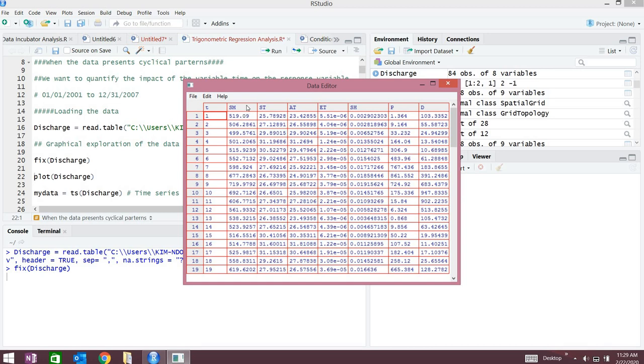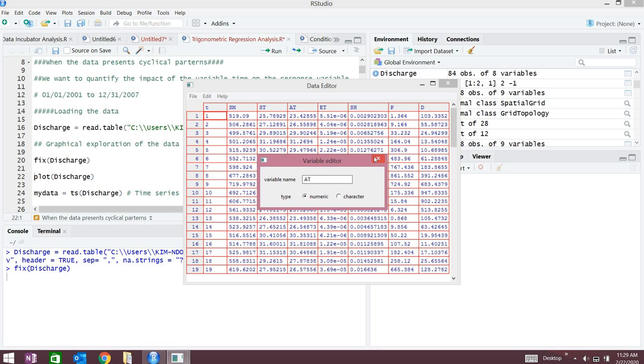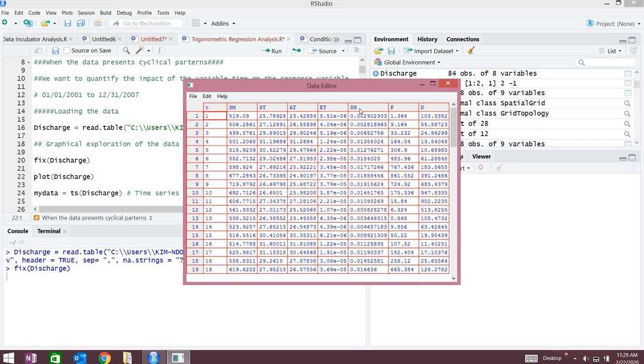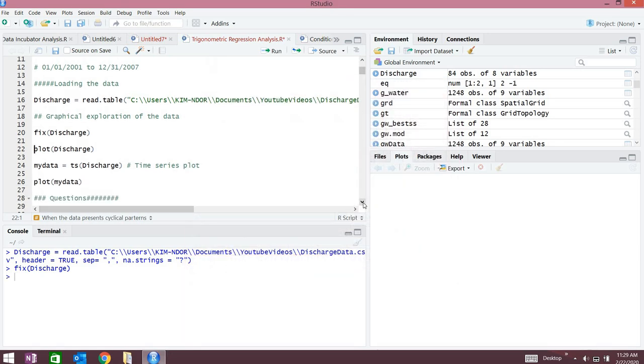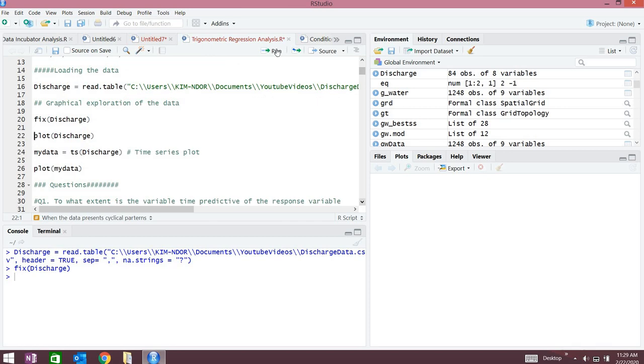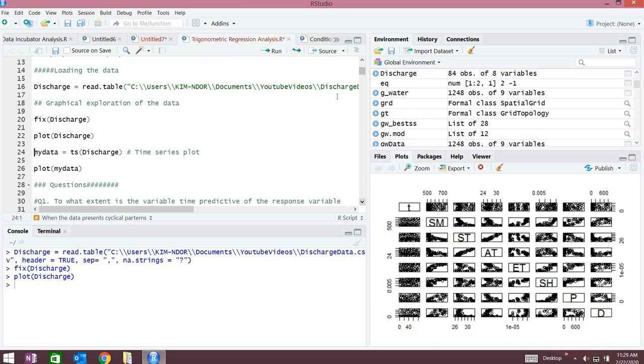These are the abbreviations: SM, ST, AT for air temperature, ET for evapotranspiration, SH for soil specific humidity, P for precipitation, and D for river discharge. This is how I created the data. So let's plot and see it, explore the data.